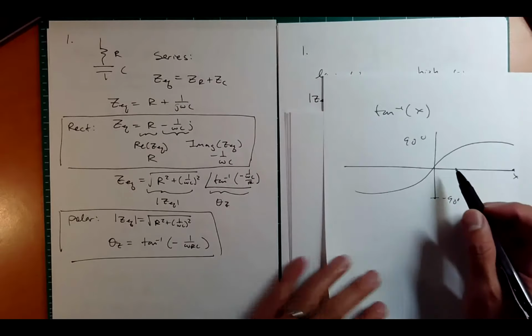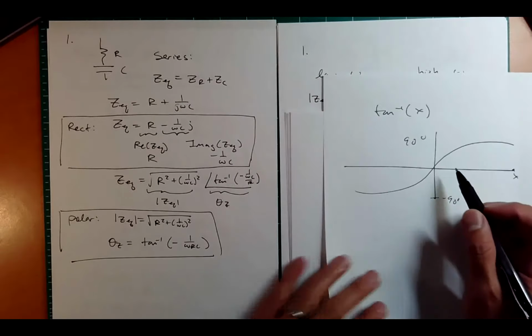But as omega gets smaller, 1 over omega actually gets bigger in the negative direction. So a low frequency means this explodes to negative infinity, which means the tan inverse goes to negative 90. And if we recall, a pure capacitor also has negative 90, where theta I leads theta V. Good.